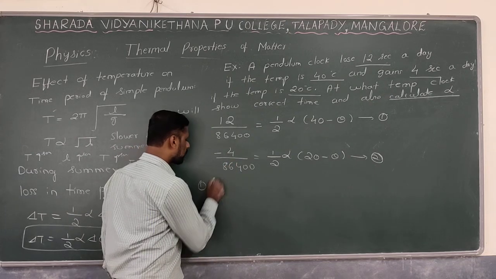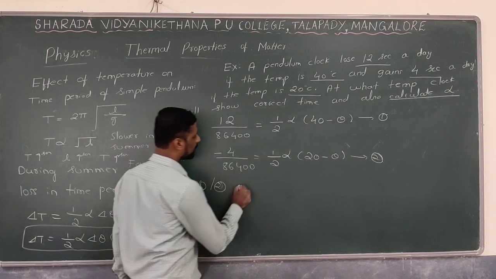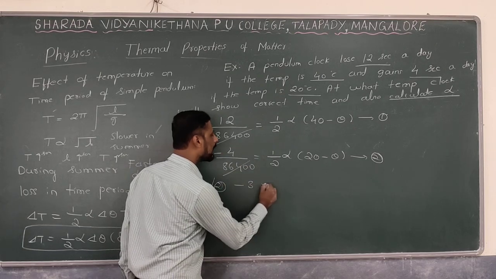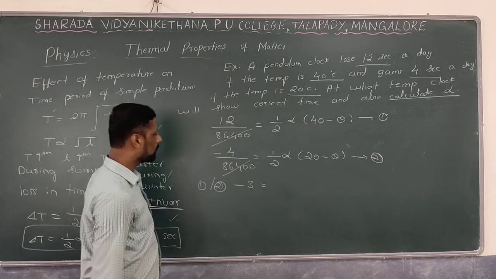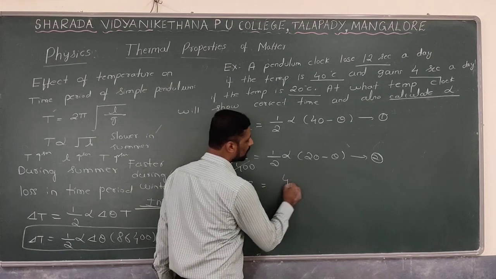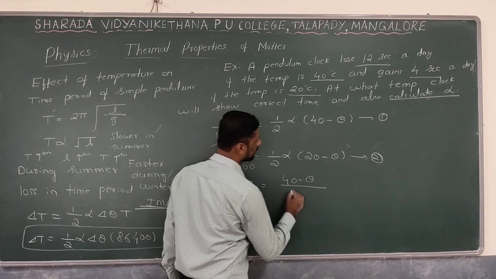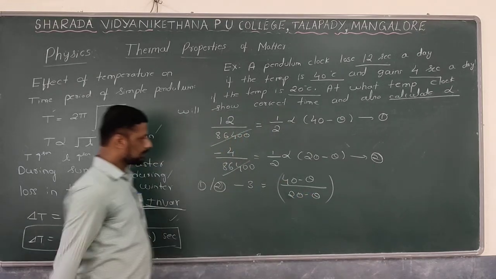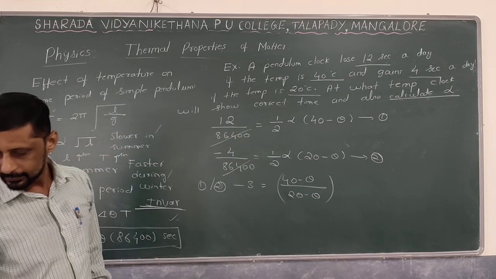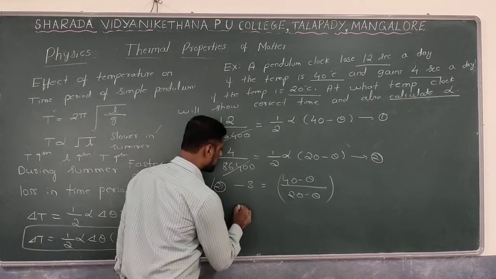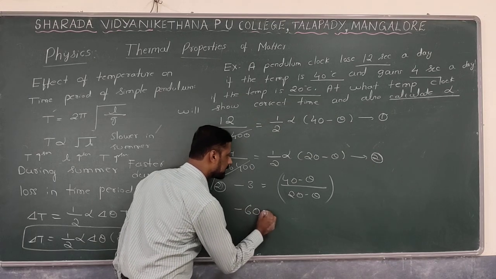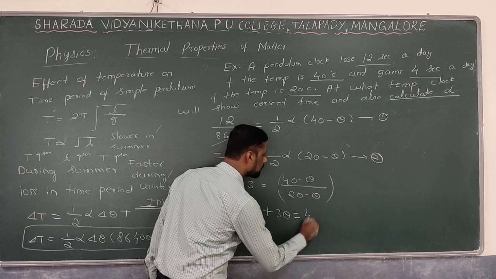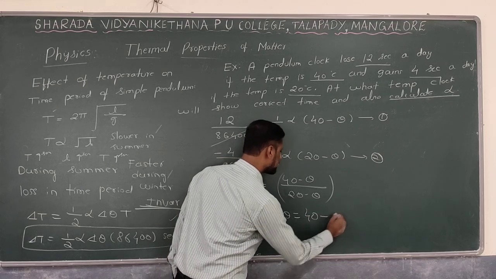Now divide equation 1 by 2. 86,400 gets cancelled, and hence on the LHS you will get minus 3, that is equal to 40 minus theta divided by 20 minus theta. Now cross multiply: minus 60 plus 3 theta is equal to 40 minus theta.